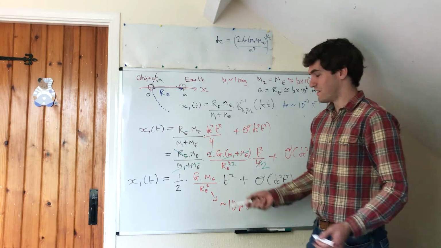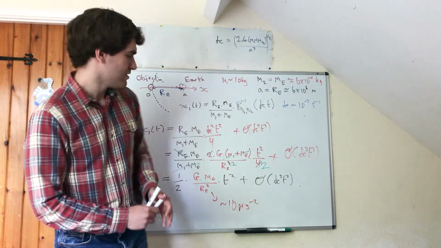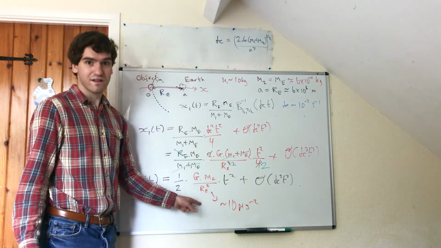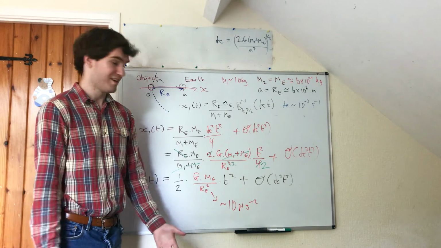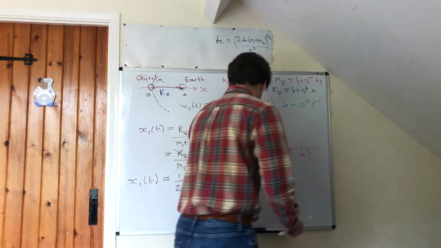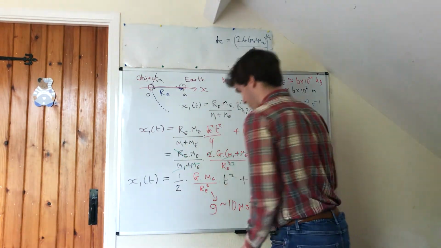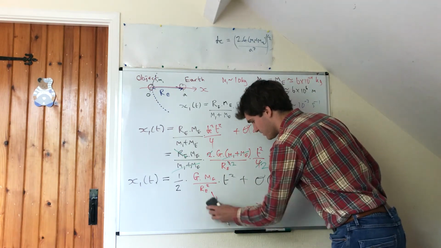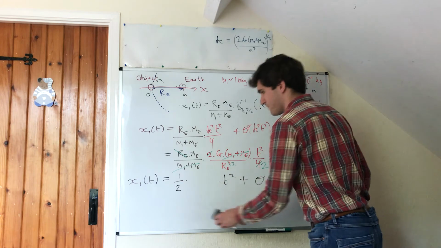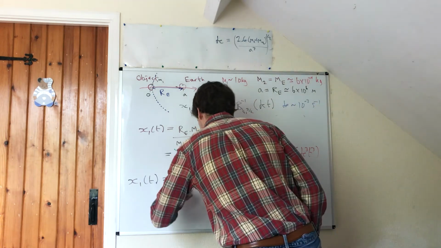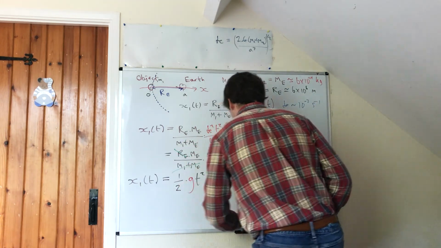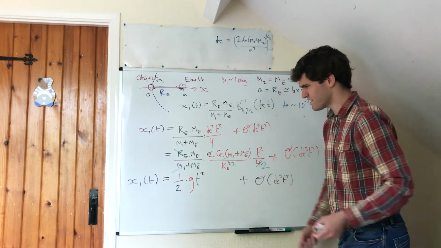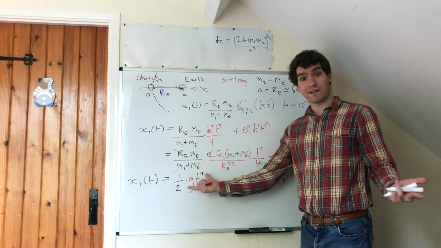Well, when you look at Newton's law of universal gravitation and the gravitational field, this thing is actually the gravitational field strength at the Earth's surface. So you should be familiar with this. This is actually g. Let's replace this. So we have x1 of t is equal to half g t squared plus some higher order terms that we don't care about. And is that what we expect?